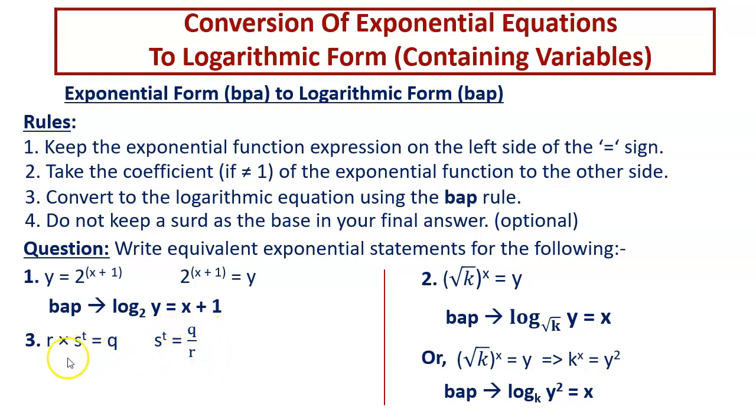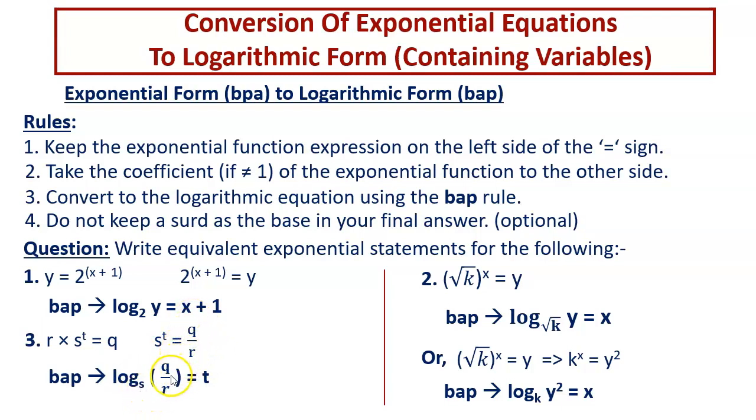If we divide the entire equation by r, the r of the numerator and the r of the denominator of the left hand side cancel each other, and we will be having q over r on the right hand side. And now s is the base, t is the power, and q over r is the answer. So we will be using the BAP rule. The base remains the base, so it is log, and the base is s.